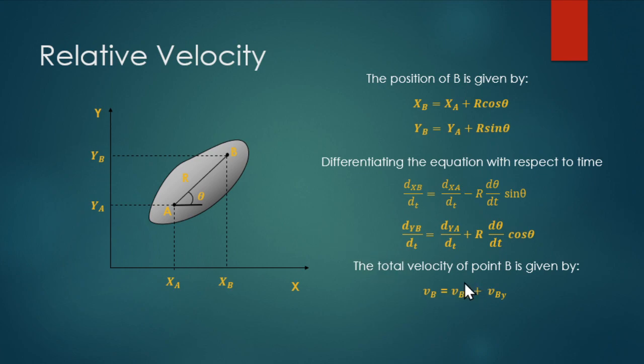By substituting the equivalent equations of Vbx and Vby, Vb is equal to dXA over dt minus R d theta over dt sine theta, plus Vby, which is dYA over dt plus R d theta over dt cosine theta.